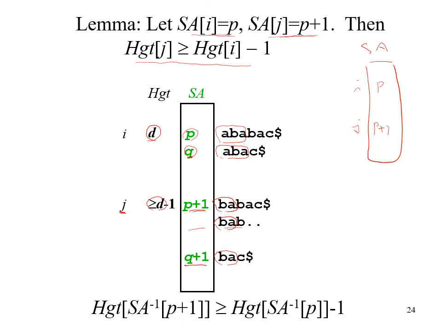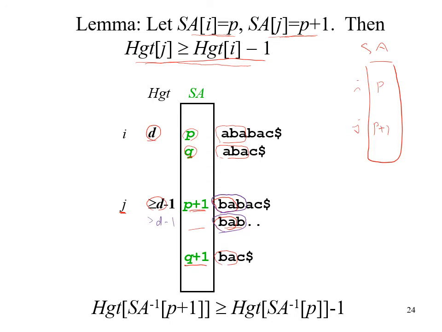For example, the LCP is 3, so this is greater than 2. So in this case, height is greater than D minus 1, no equality. So this lemma holds.